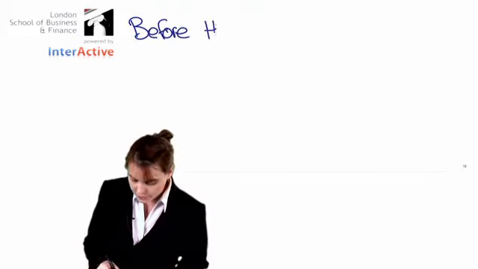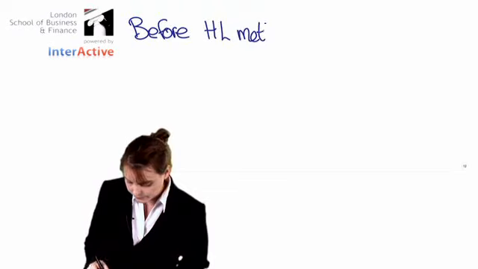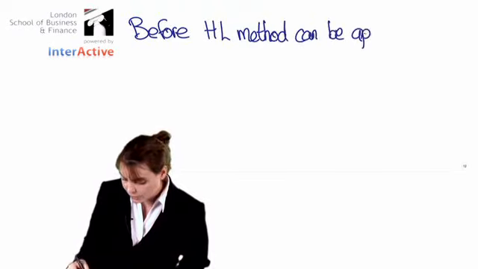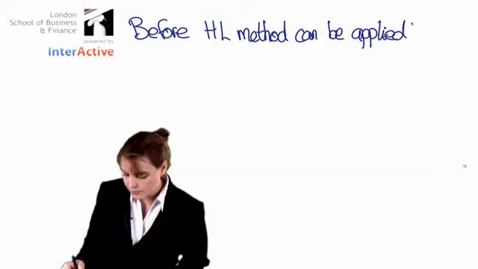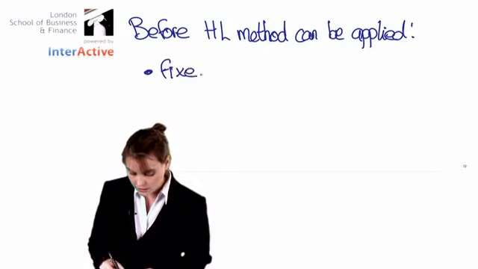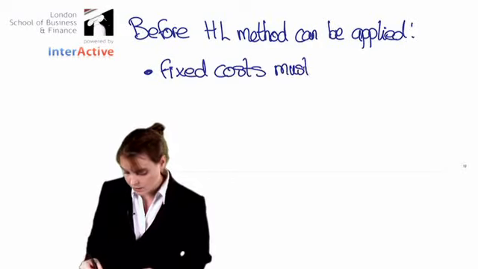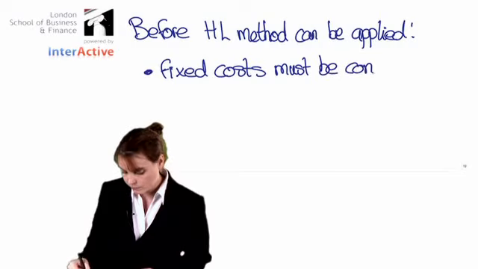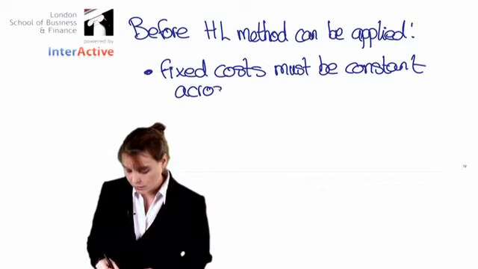Before we can apply our high-low method, the following 2 things must be true. Fixed costs must be constant across the 2 activity levels.